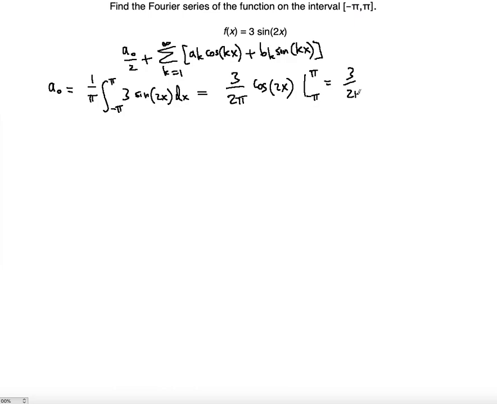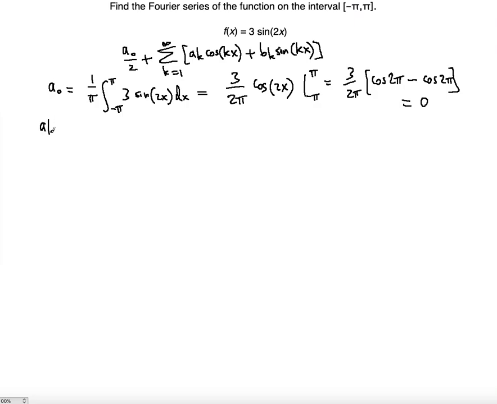And that's going to be 3 over 2 pi, cosine of 2 pi minus cosine of negative 2 pi. Cosine of negative 2 pi is the same thing as cosine of 2 pi because cosine is an even function, so we can just write cosine of 2 pi. That's the same thing. Bingo, 0, because this thing is 0.